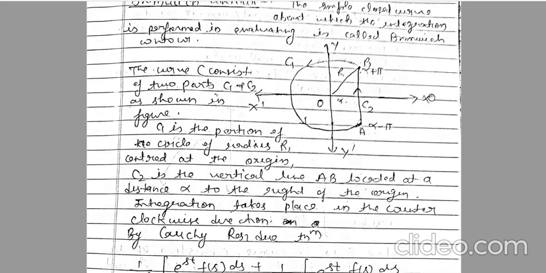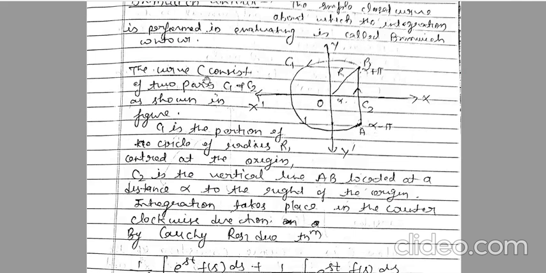This is your x-axis, this is your y-axis, and this is a closed curve. AB is a part located at a vertical line at distance alpha to the right of the origin. This is alpha plus i pi, this is alpha minus i pi, C1 is moving anti-clockwise, this is C2, and the radius is R.